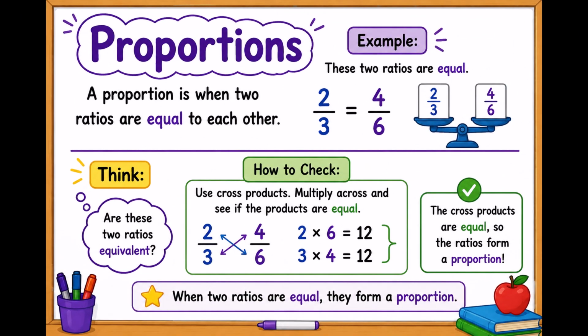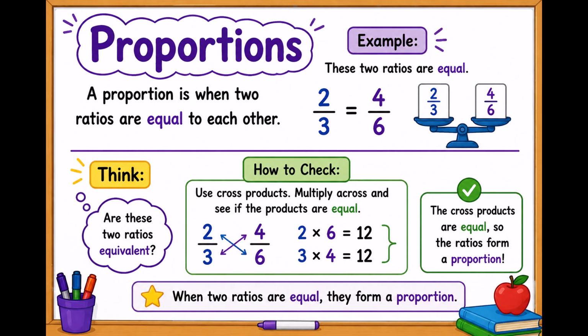Now let's learn about proportions. A proportion is an equation that shows 2 ratios are equal. That means the 2 ratios compare things in the same way, even if the numbers are different. Look at the example. We have these 2 ratios. 2/3 equals 4/6. At first, they look different, but they actually describe the same relationship. So how can we check?